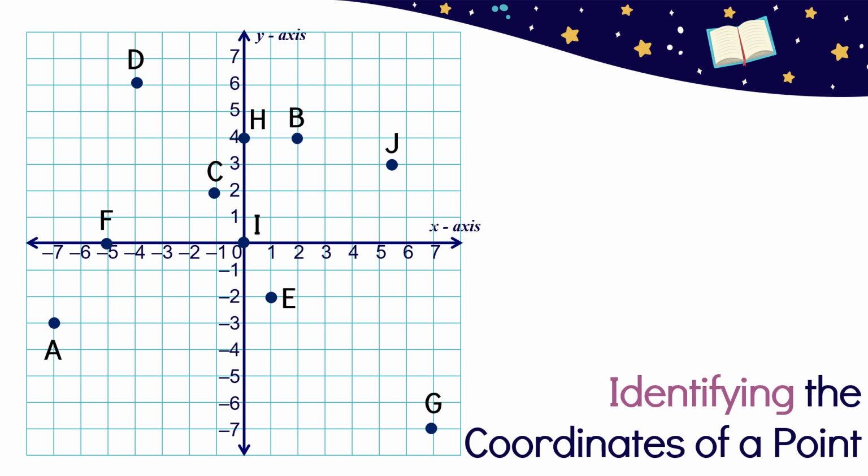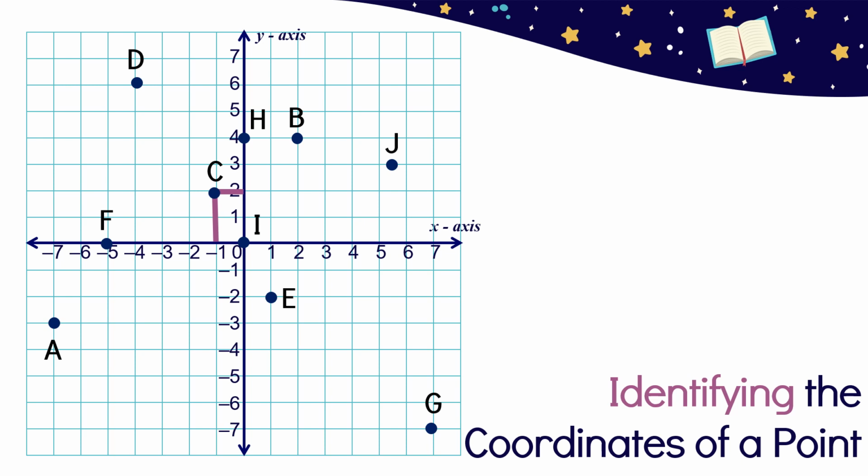How about for point B? Yes, we can draw the vertical and horizontal line, and then look along the x-axis and y-axis. And the coordinates are, yes, 2, 4. How about point C? We draw again a vertical and horizontal line.